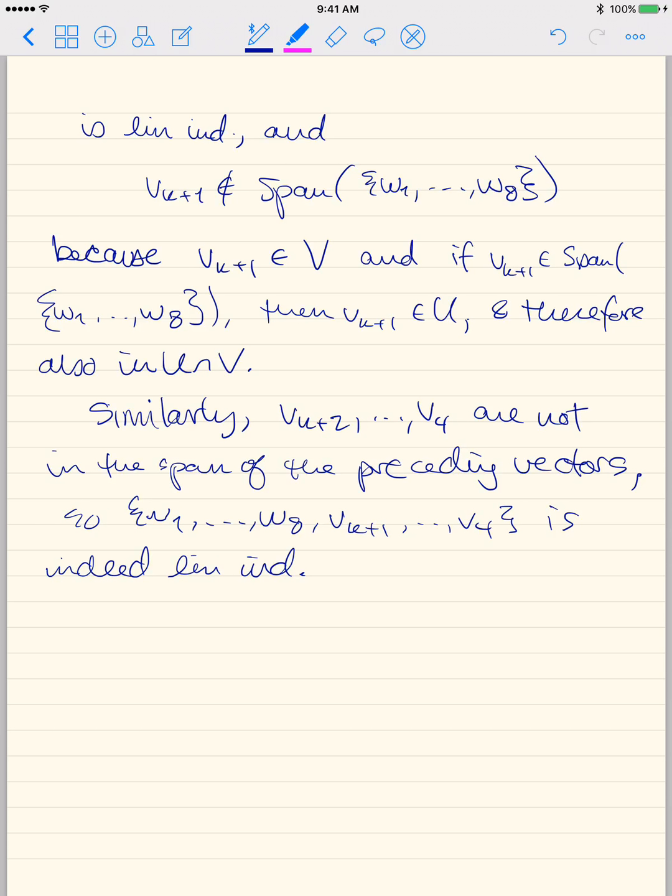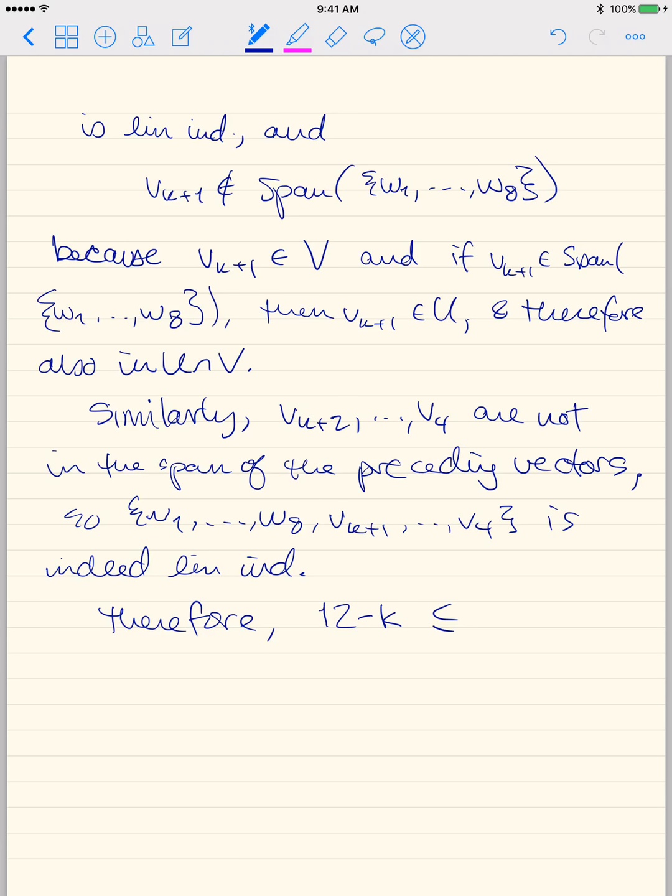And how does that conclude the proof? Yes. We know that U is 10, and if it's going to span 10, then it has to be 10 vectors, so k must be 2. That's right.